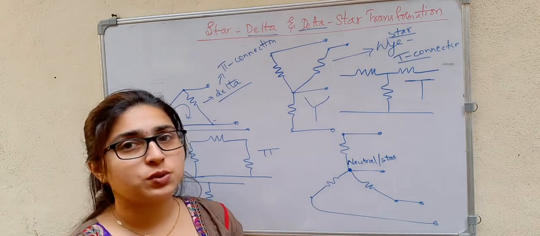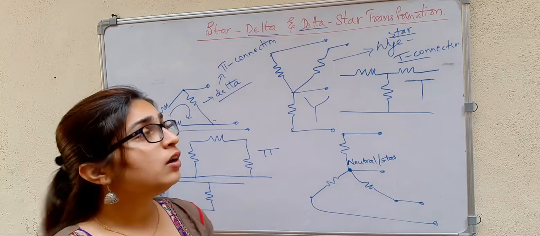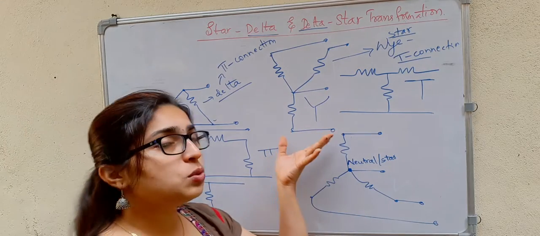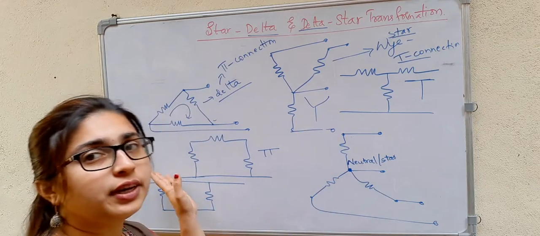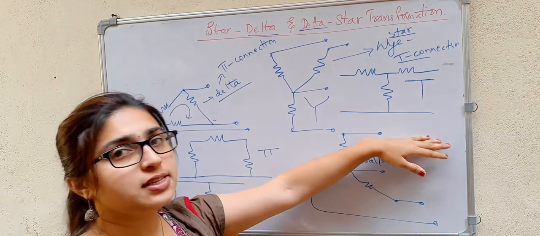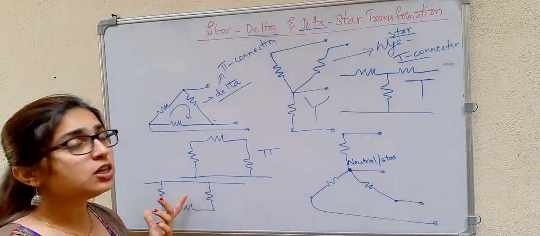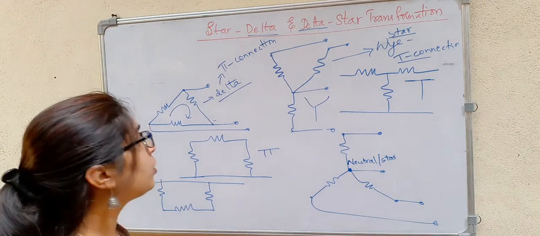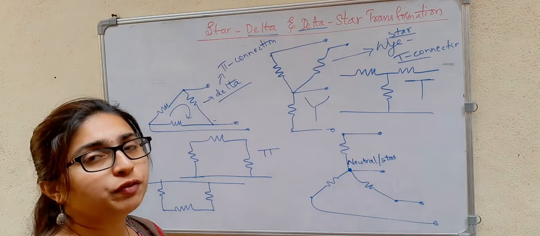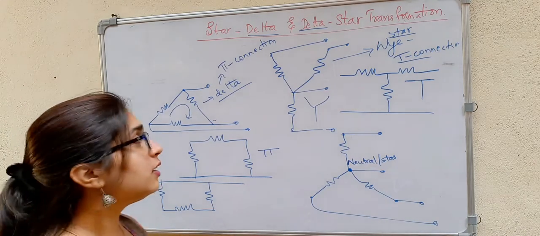Line and phase voltage will be different, and therefore the insulation required for star connection is less than that of the delta. So star is used for longer distances. Delta is used for shorter distances because it needs more insulation, because your line and phase voltages are equal.